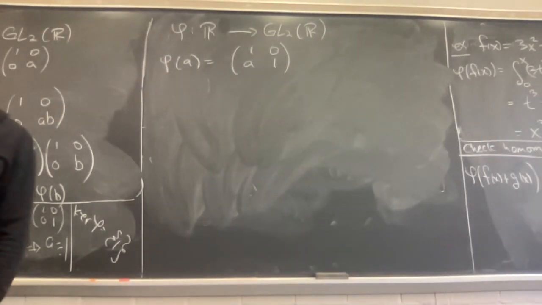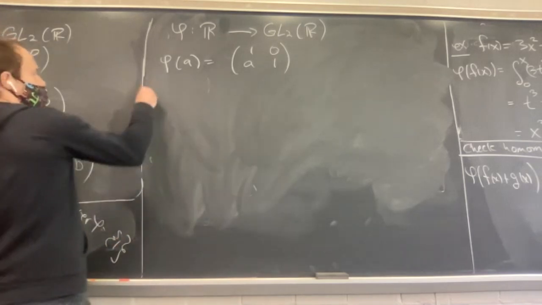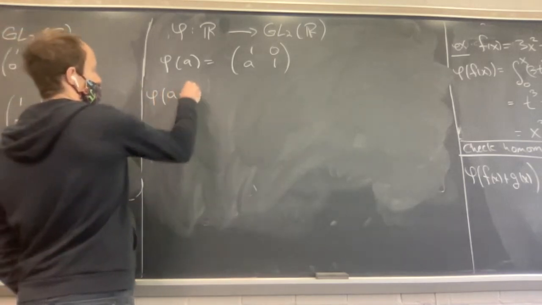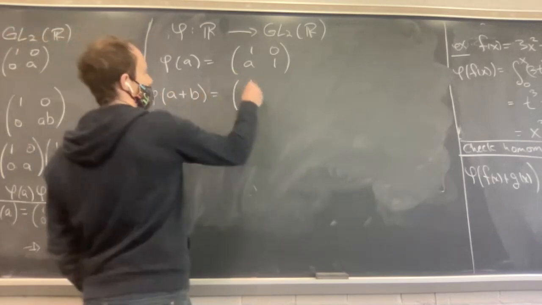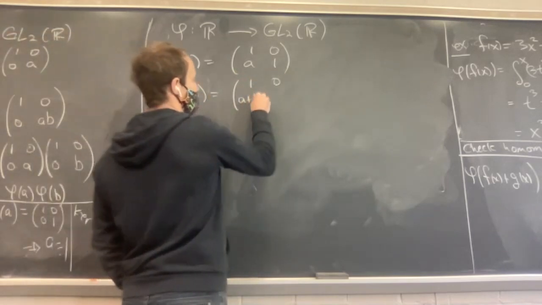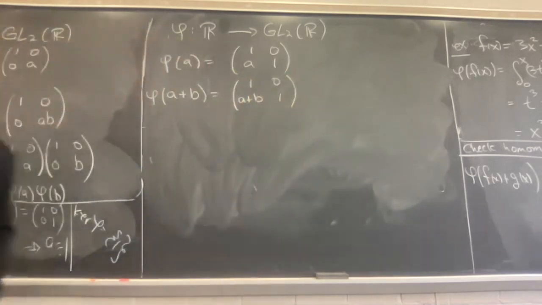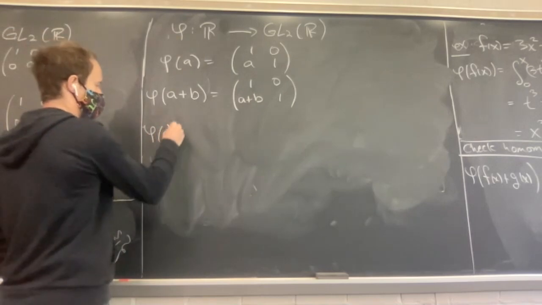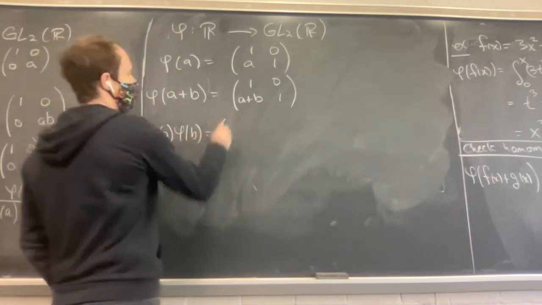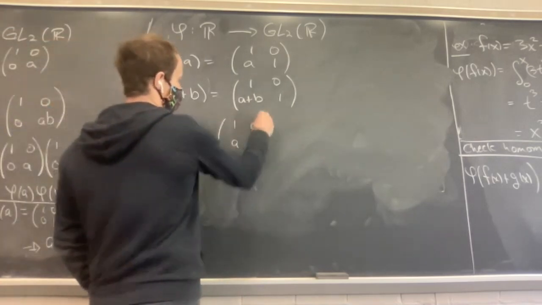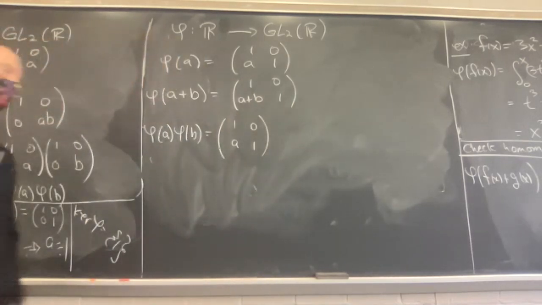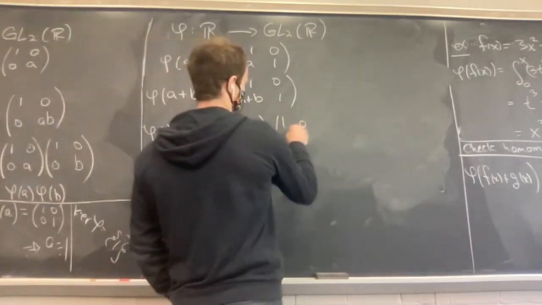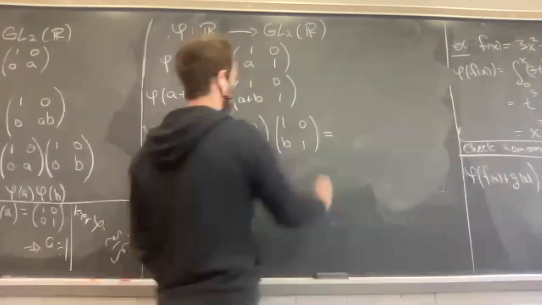And now let's see what we get on both sides. Notice that phi of A plus B is going to be [1, 0; A plus B, 1]. And phi of A times phi of B will be [1, 0; A, 1] times [1, 0; B, 1].